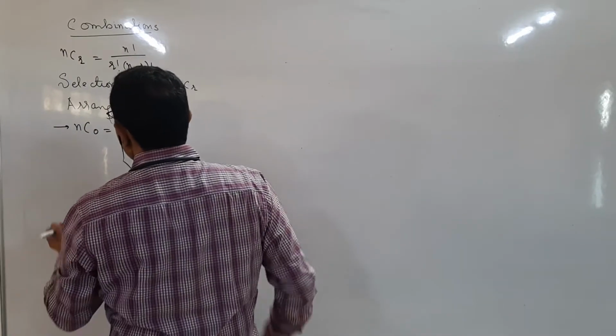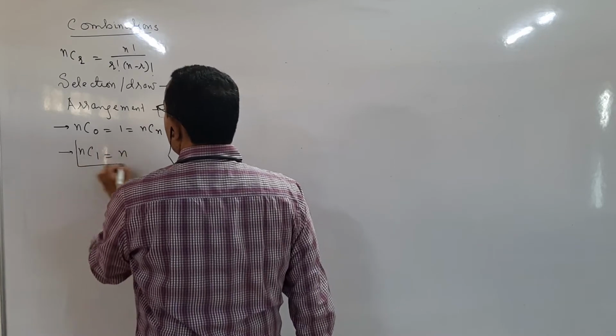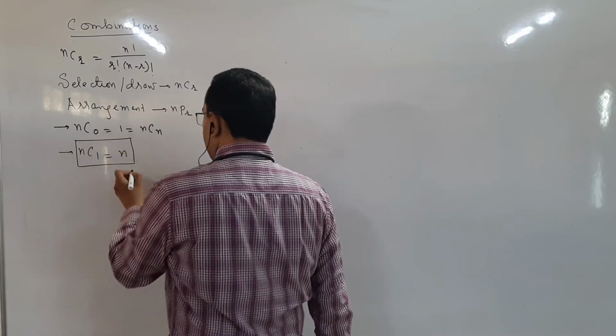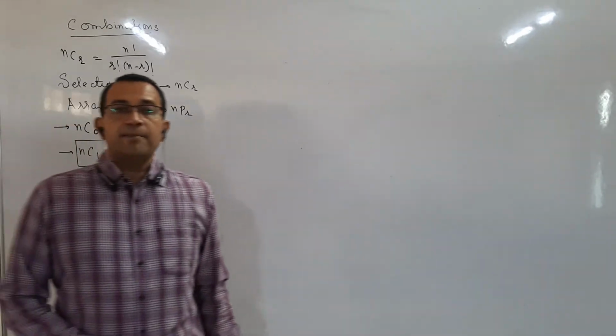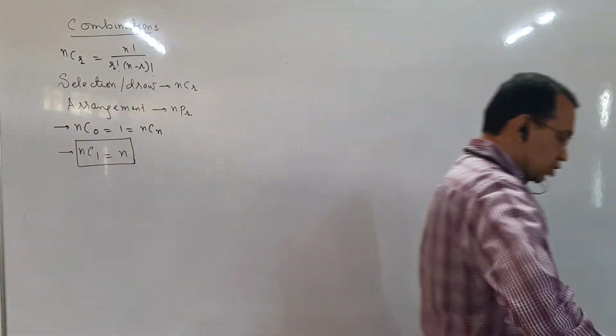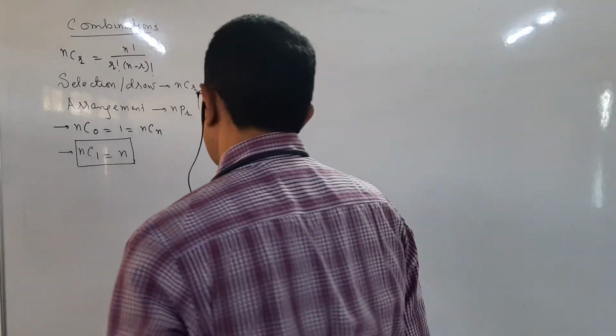Then nC1 is n. Given 5 pairs of shoes and you have to select any one, you have 5 options. So in general, nC1 is n: 10C1 is 10, 8C1 is 8, 25C1 is 25.